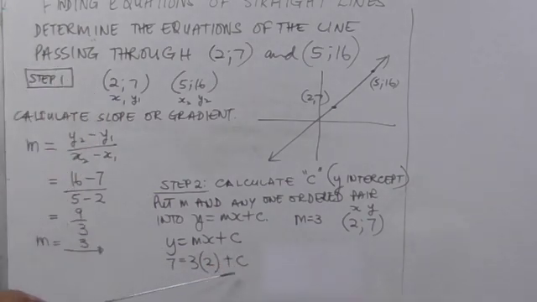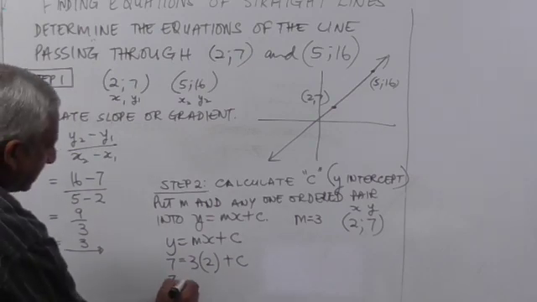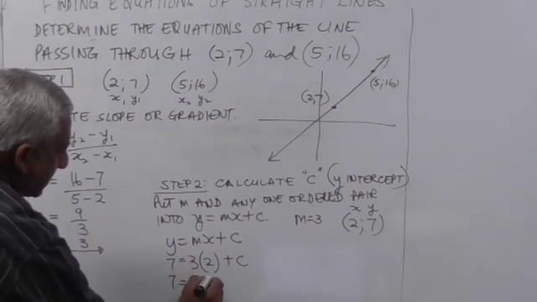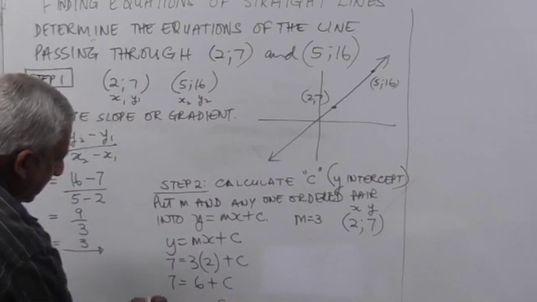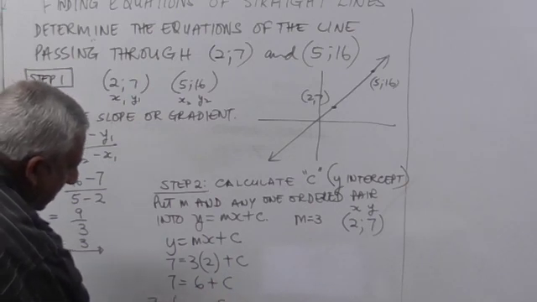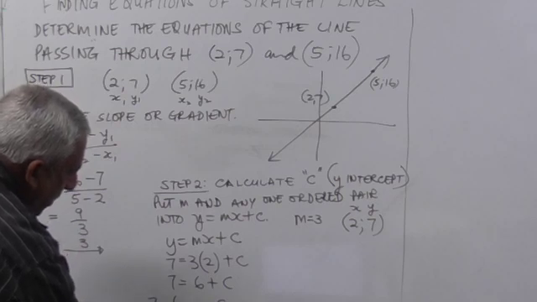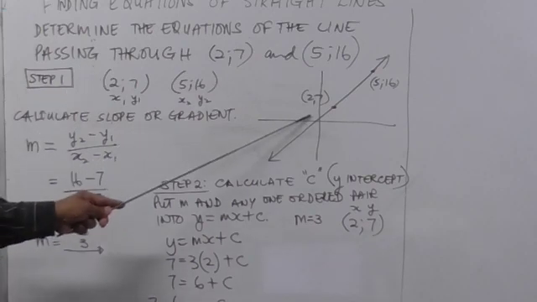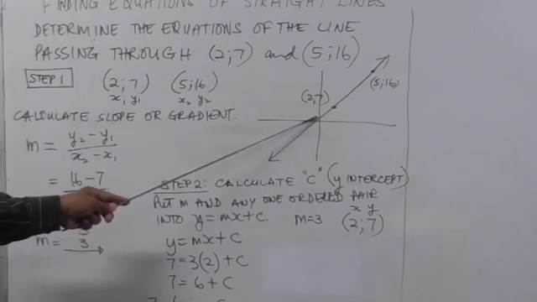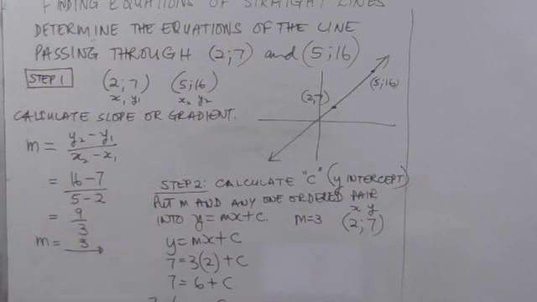So we are solving for c. So 7 is equal to 6 plus c. C is equal to 7 minus 6. C is equal to 1. We have now found C is 1. So that's what it is. C is 1. It's going through there.